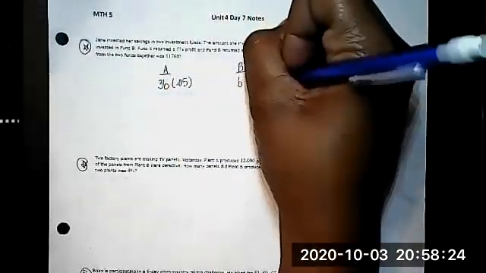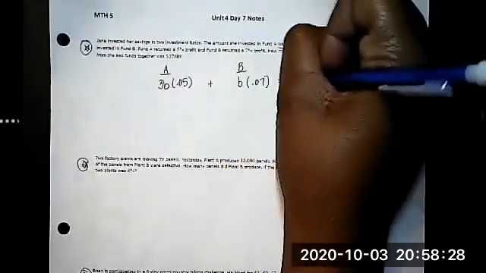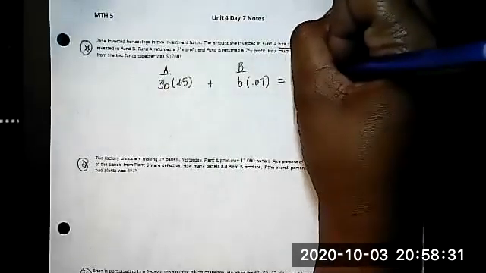And Fund B is 7%, 0.07 there. I'm going to add those two. Altogether, it was $1,760.